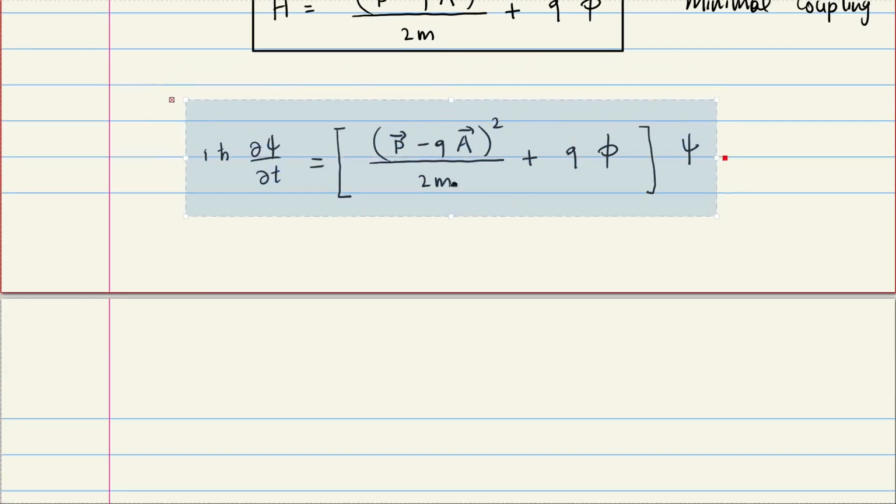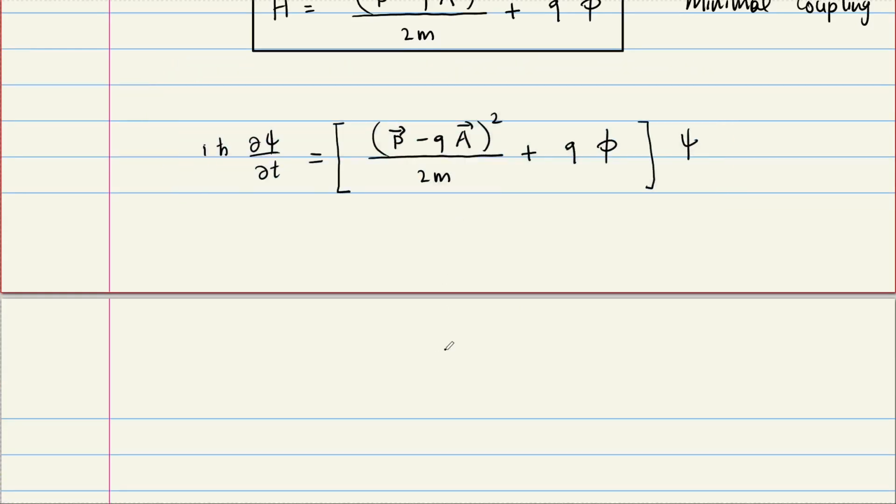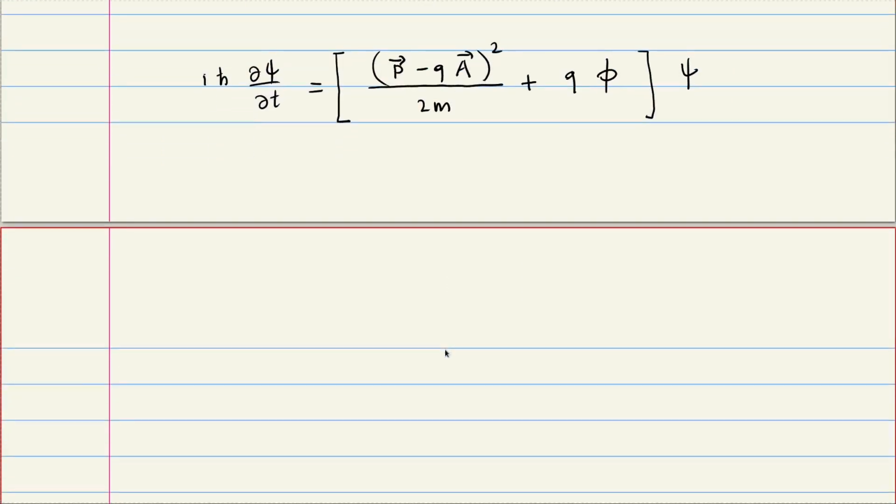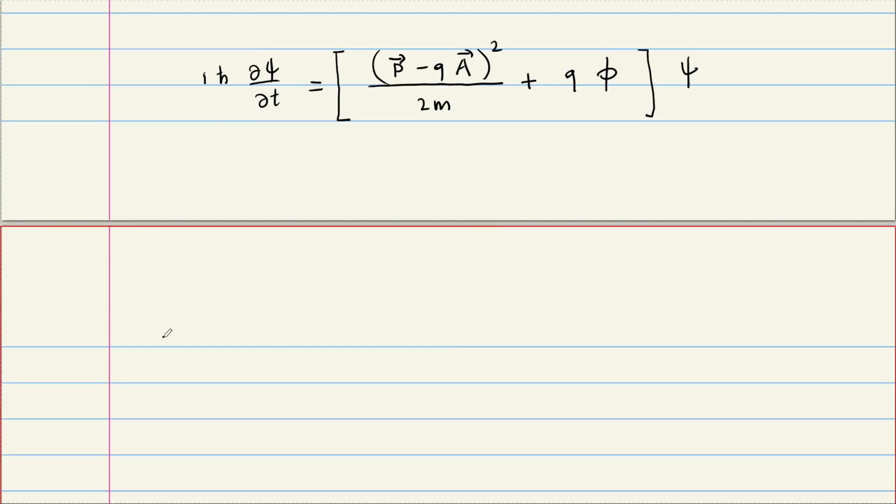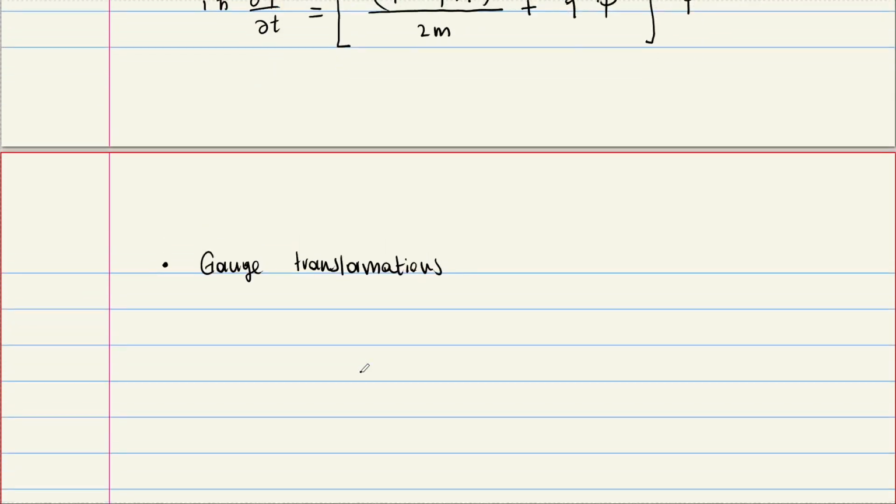So I want to show one last thing and I will finish it. And this, unfortunately, is the most important thing about this calculation. I want to show something called gauge invariance or gauge transformations. So we know, right, this phi and A, these gauge fields are not physical.